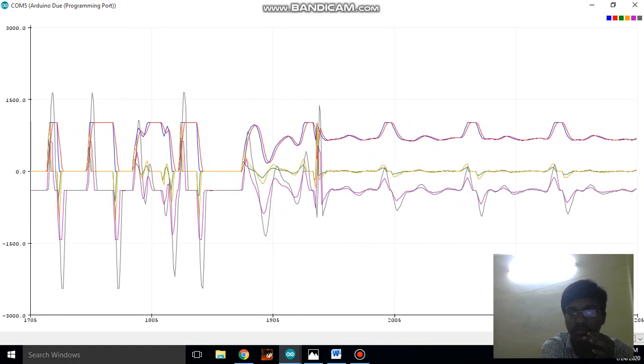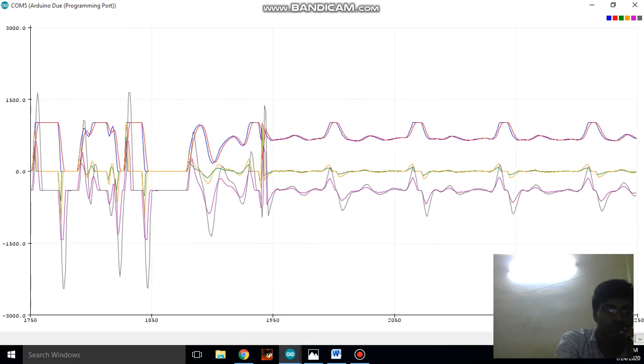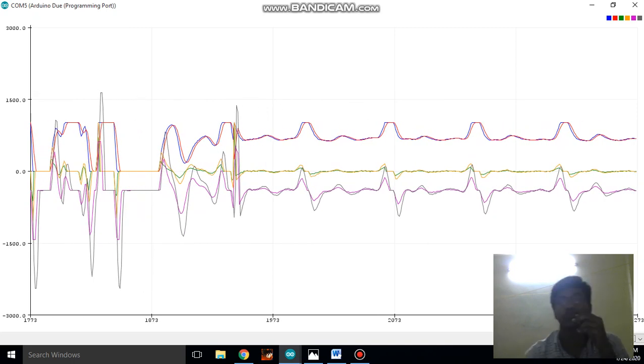Let's pause it here so we can observe it. See, the red one is smoother than the blue one, so it is the output from the MA filter. These are the outputs from the first order differential, and these are the outputs from the first order differential after the MA filter.